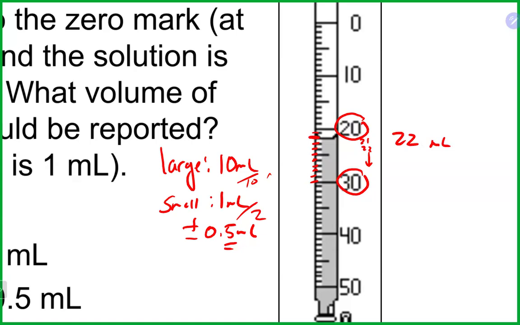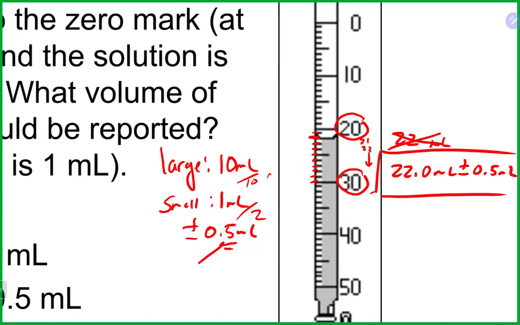Would that be correct? It would be incorrect based on our scale because we know we can go to that first decimal place. So to maintain the proper number of significant figures, we got to go 22.0 milliliters plus or minus 0.5 milliliters in this case, which would give us our 3 significant figures in this particular measurement. And the last 0 there, right, being our uncertain number. Any questions on that one there?